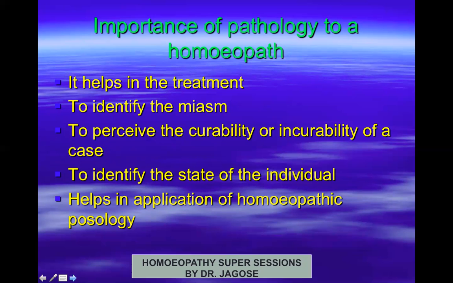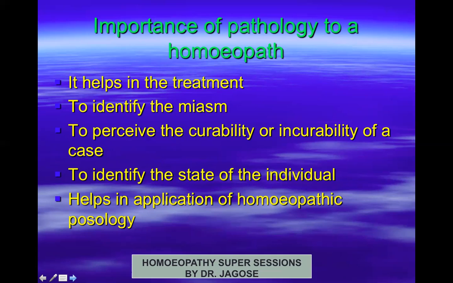So if a psoric miasm is there, you know that it is a reversible condition. You know that the cure will take place fast, and the pathology is just functional in nature. If it's a syphilitic miasm, you know that the pathology is irreversible and that you cannot cure the disease. So therefore, you know that you'll only be able to palliate it.